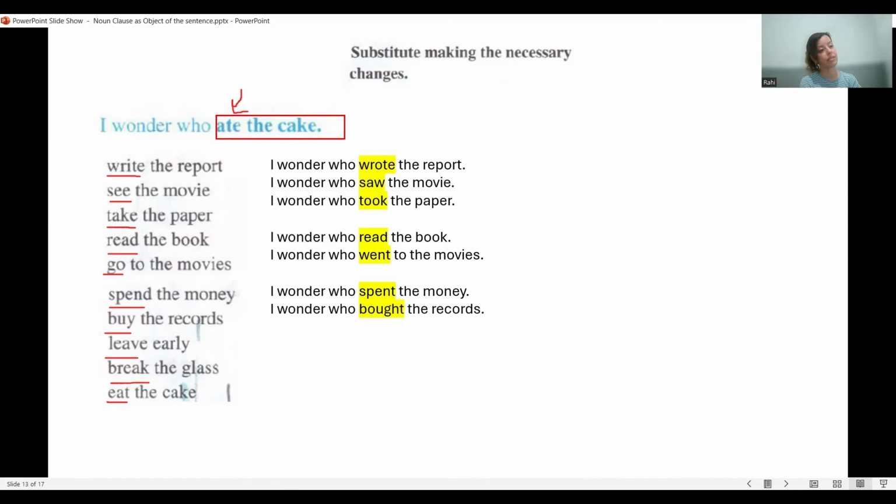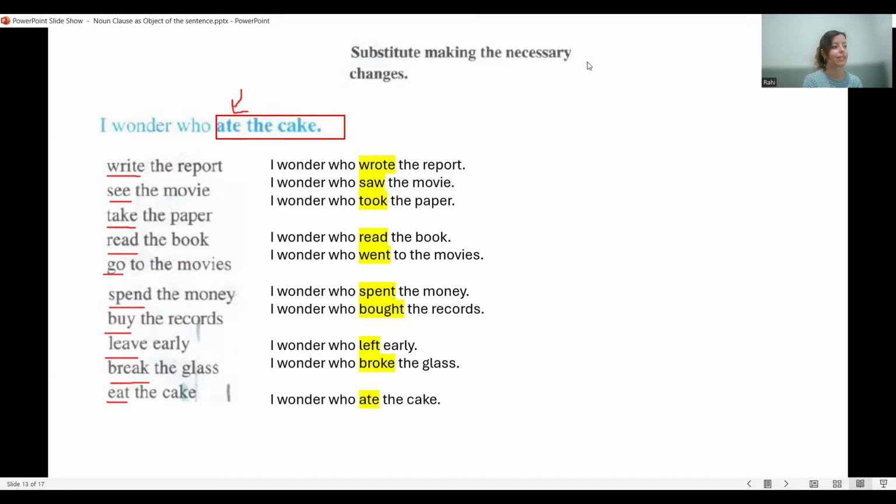The past form of leave is left. I wonder who left early. Break the glass. Break, broke. I wonder who broke the glass. Eat the cake. I wonder who ate the cake.